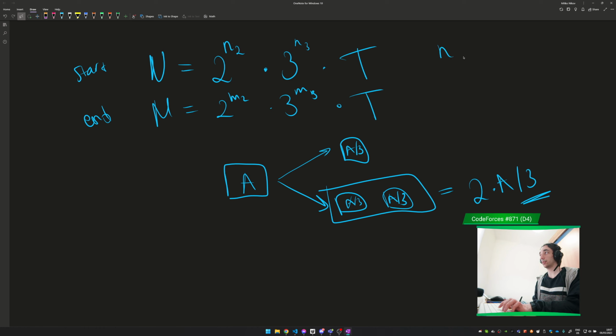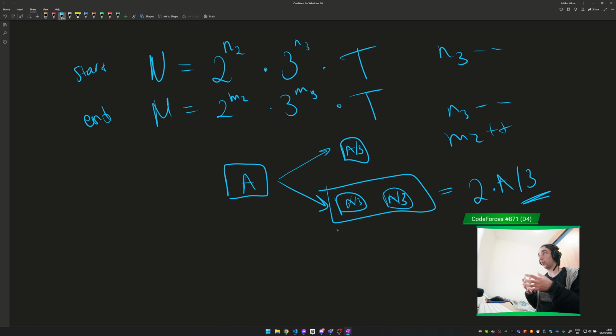So I can do n3 minus minus, or I can do n3 minus minus and n2 plus plus. These are the two options, by splitting this into two piles, right?